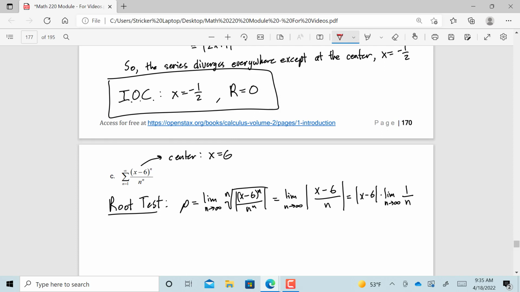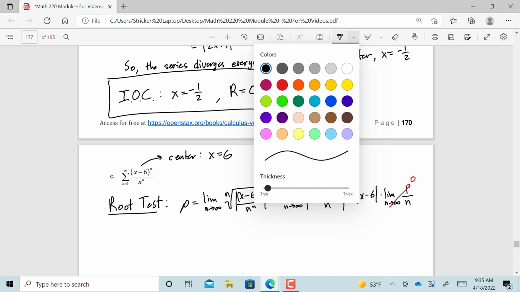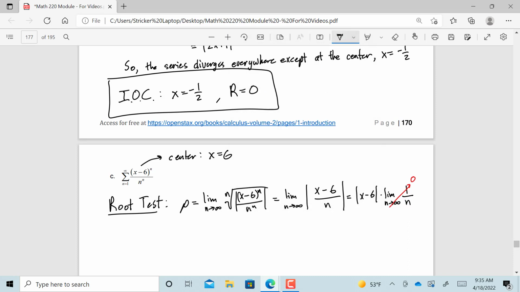Because as n approaches infinity, this limit approaches 0. And so we have the absolute value of x minus 6 times 0, which makes the whole thing 0. And 0 is always less than 1. So it doesn't matter what value of x you have here, our rho value will always be 0, which means it will always converge.